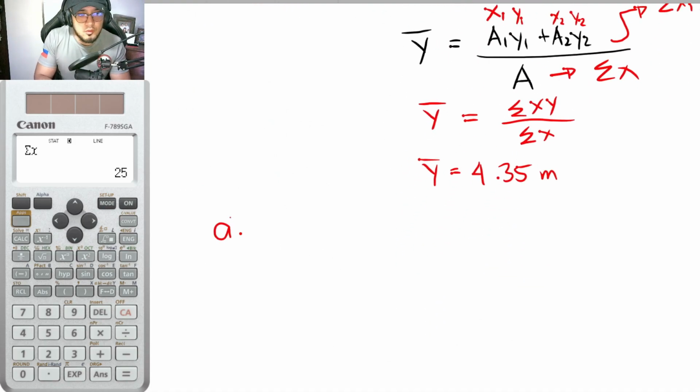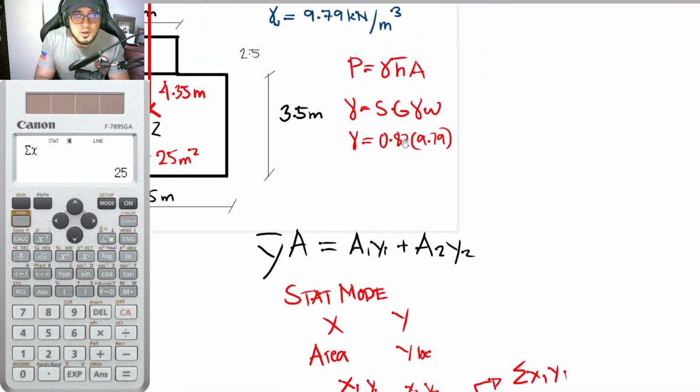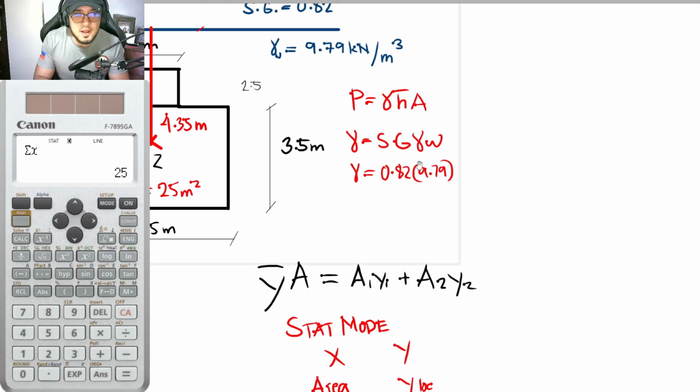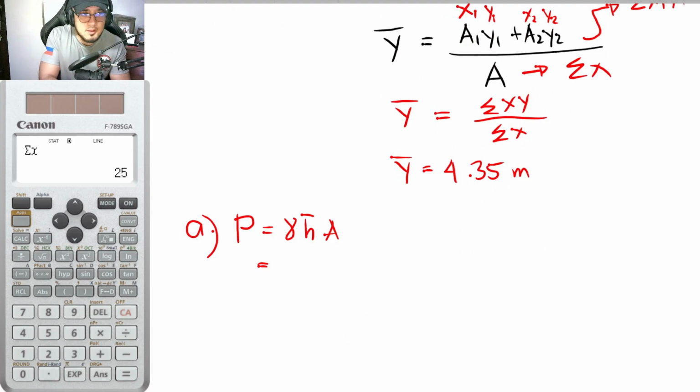For A, we would now be solving for the total hydrostatic pressure P, or total hydrostatic force, I should say. And this is basically equal to gamma bar H A. And for gamma, as mentioned earlier, that is equal to the specific gravity of the fluid times the unit weight of water. So 0.82 times 9.79 kilonewtons per cubic meter times bar H, and bar H is 4.35.